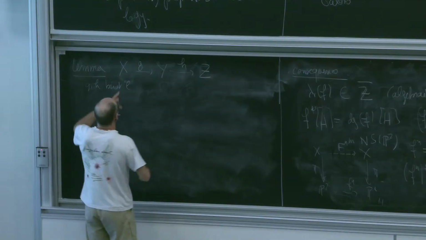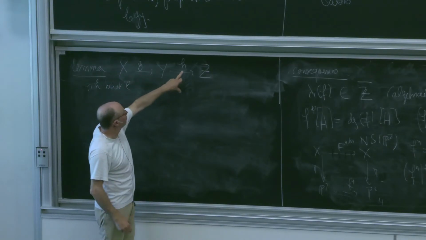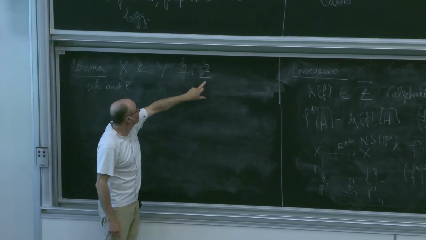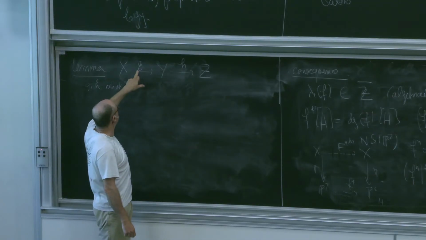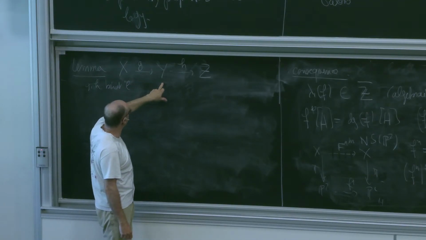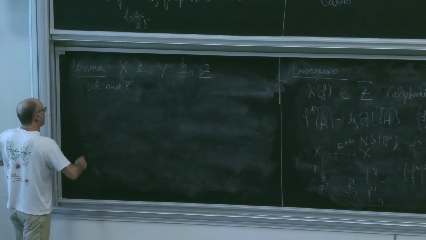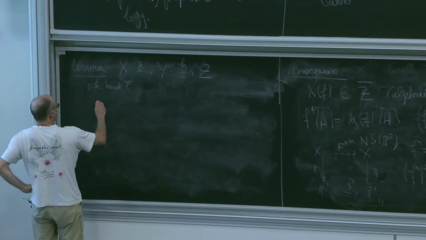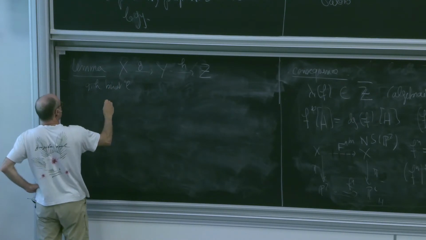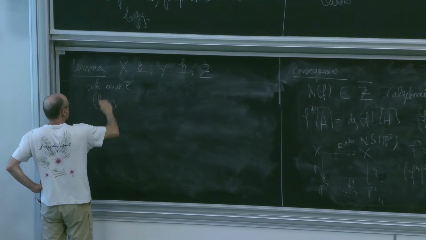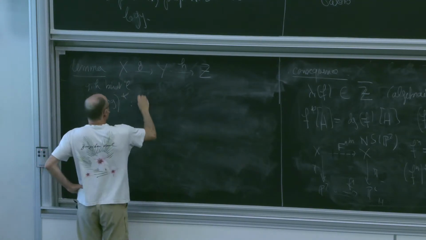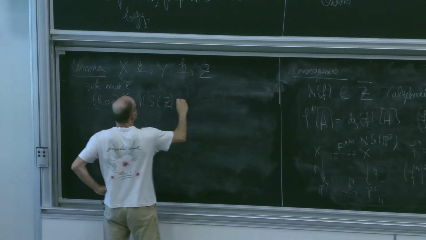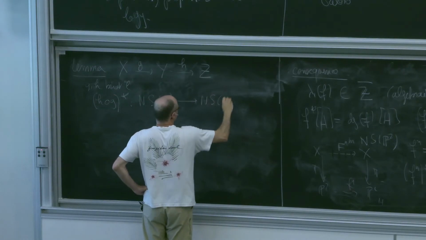And so if I have two maps like this, I have a pullback operator from the Néron-Severi space of z to the one of y, and the pullback operator from the Néron-Severi space of y to the one of x. And so I can do two things. I can look at the composition of these two maps, h composed with g, pullback. So this is a map from the Néron-Severi space of z to the one of x.